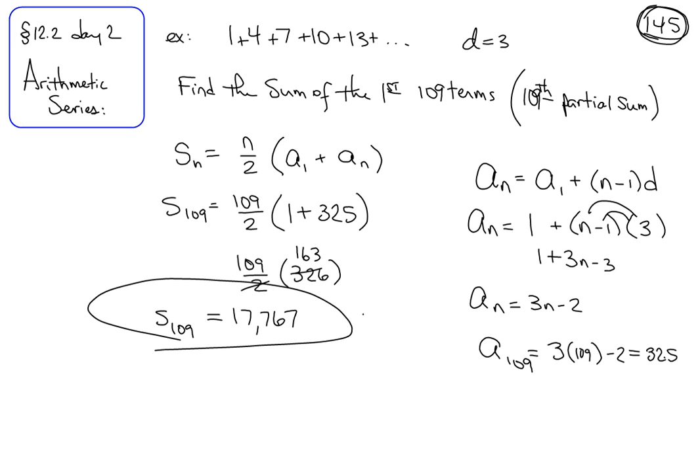Now, sometimes they're going to give you a series, but it's going to be in a different notation. So we need to talk about sigma notation. Sigma looks like this. It's the Greek letter S, capital S. We saw this before when we talked about standard deviation, because the symbol for standard deviation is also sigma, but it's lowercase sigma instead of capital sigma.